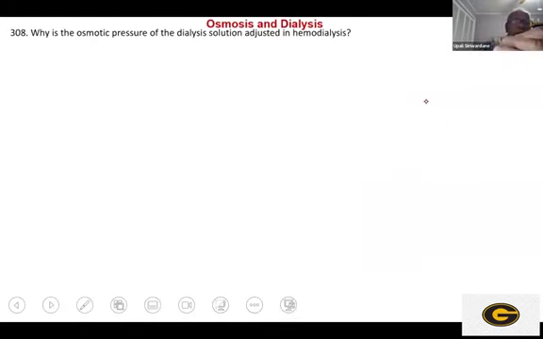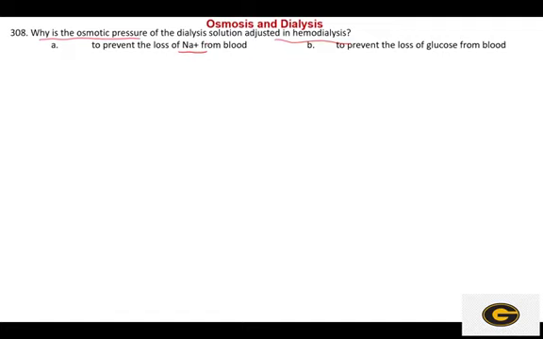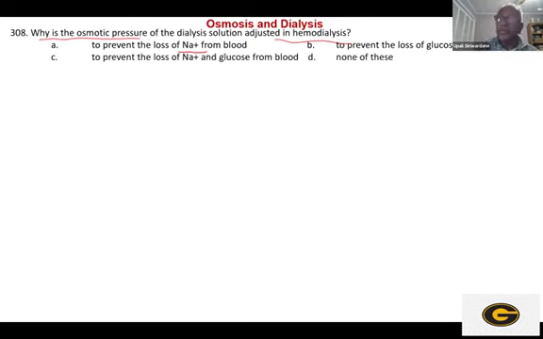Let's answer. When you look at the question here, 308, why is the osmotic pressure of the dialyzer... to prevent the loss of glucose from the blood, to prevent... I think it's to prevent sodium and both.